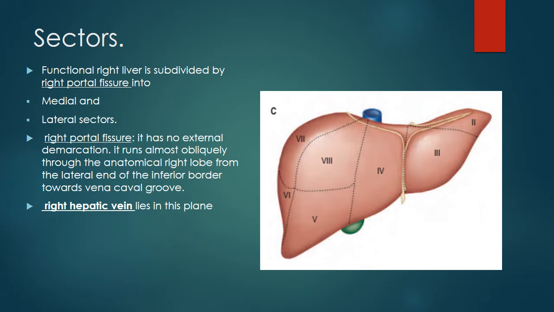It runs almost obliquely from the lateral end of the inferior border of the anatomical right lobe, and it extends obliquely towards the groove for inferior vena cava. This right portal fissure divides the right functional liver into these lateral and medial sectors, and remember that the right hepatic vein runs in this plane.